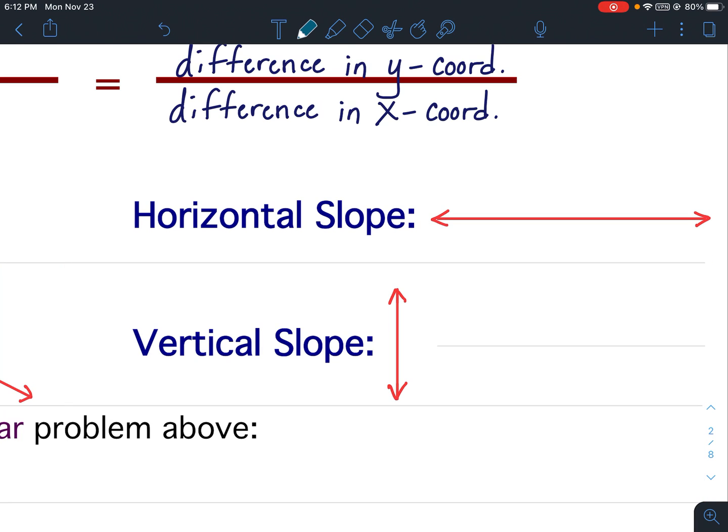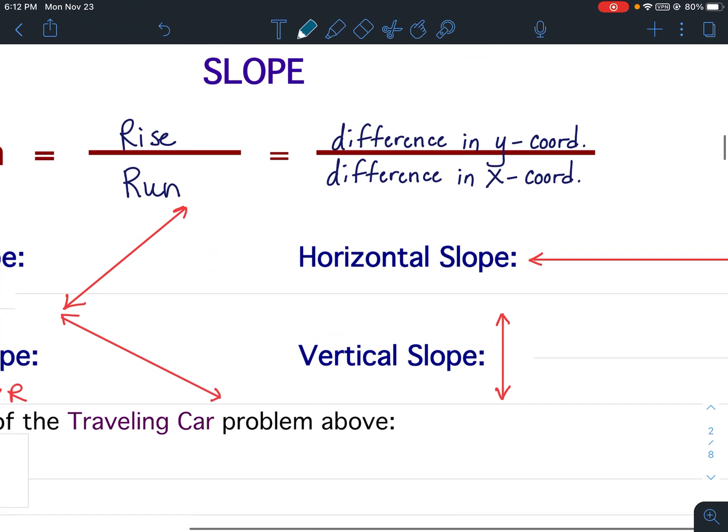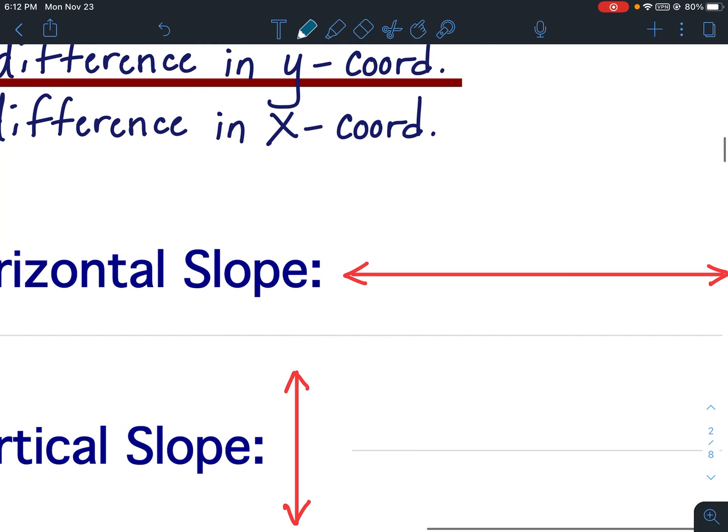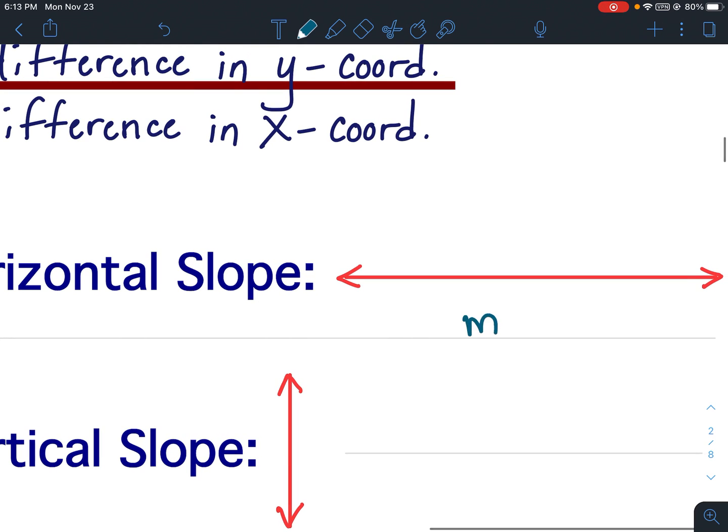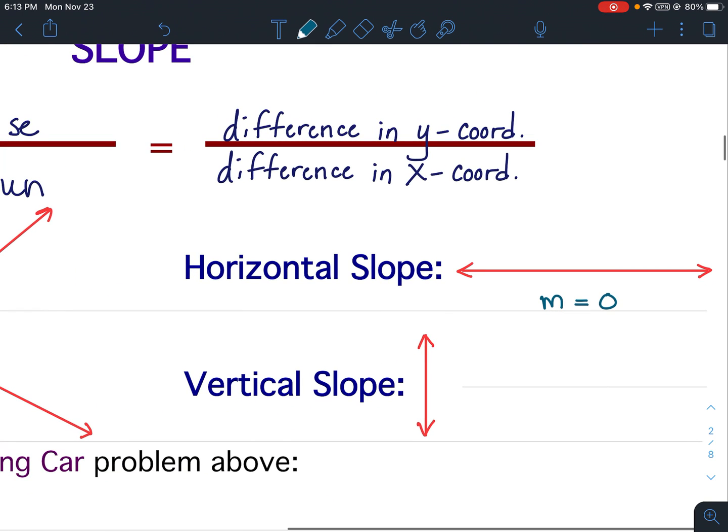If you look at that line, it doesn't have any rise to it. So that means there would be a 0 in the numerator, which means we're taking 0 divided by any number. And 0 divided by any number is 0. So for horizontal slope, your slope equals 0. For all horizontal lines, the slope equals 0.